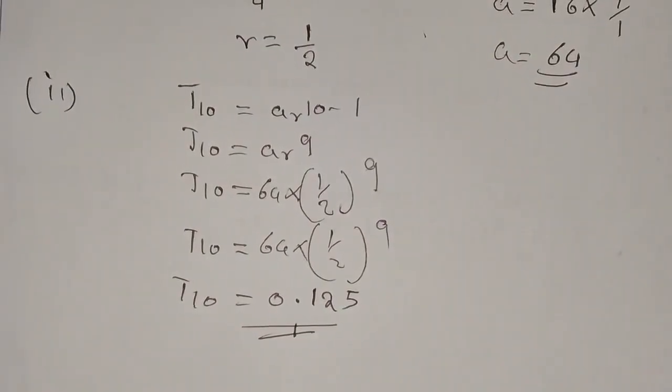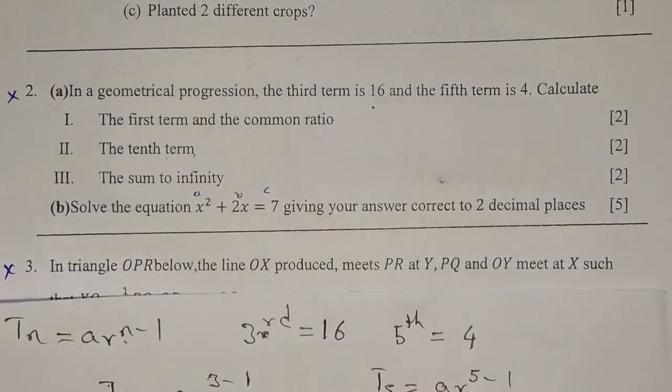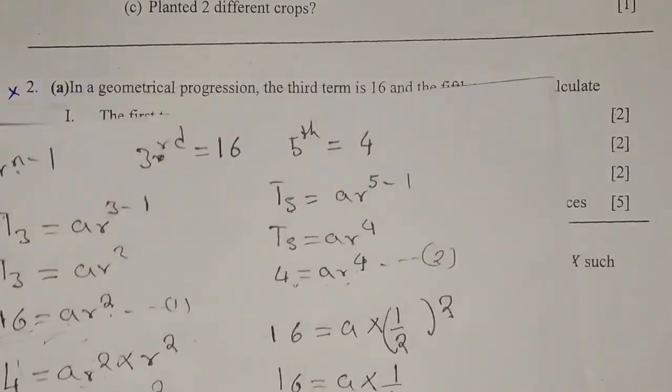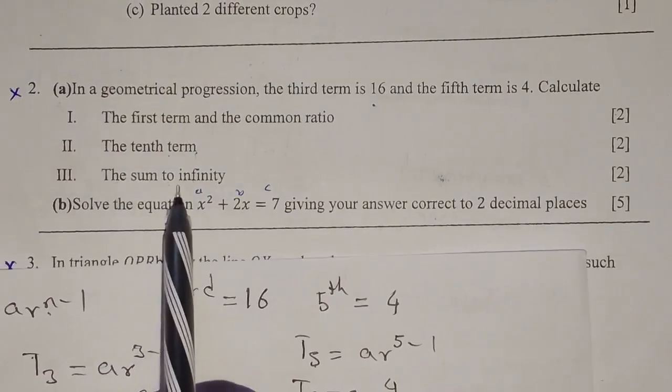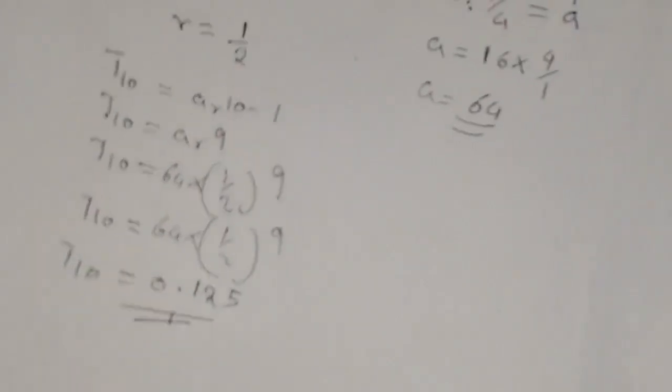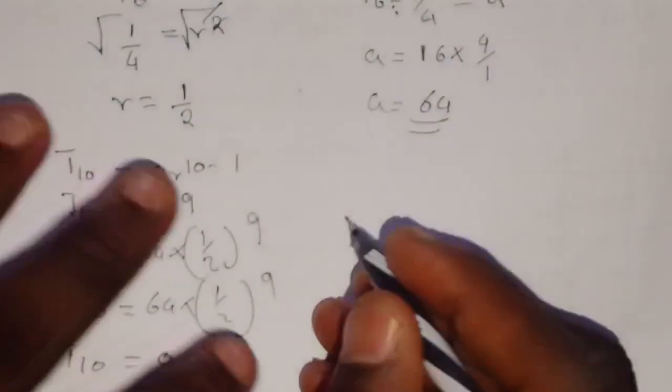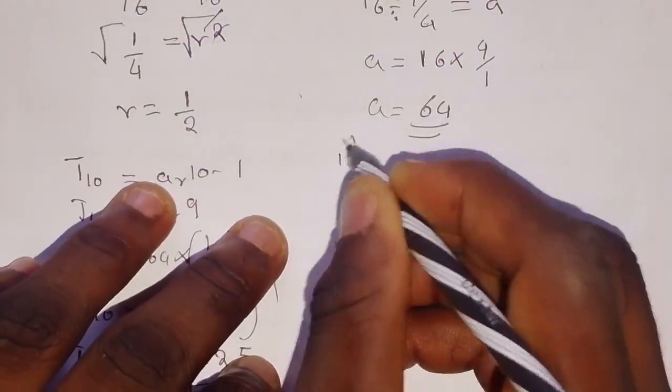Okay, so let's now just do the last question, which is the sum to infinity. Okay, find the sum to infinity. So you know that the sum to infinity, so we just write it here.